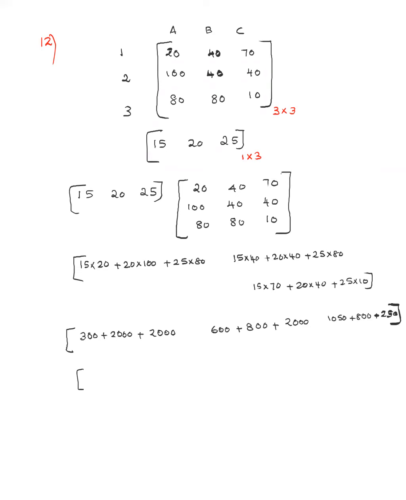So we get 4,300 and then 3,400 and 2,100. So for school A, it costs $4,300, and school B, it's going to be 3,400, and for school C, it's going to be 2,100. So this is for school A, B, and C.